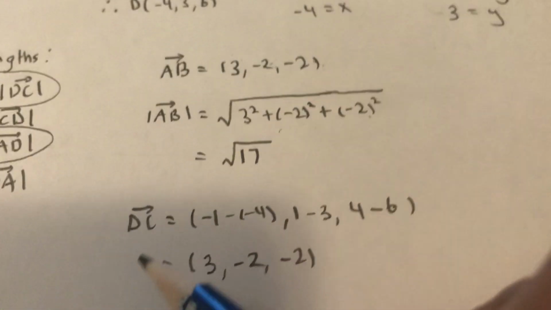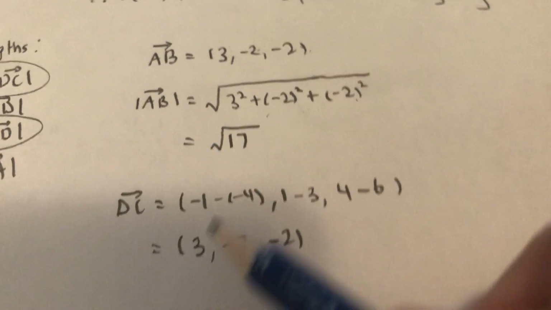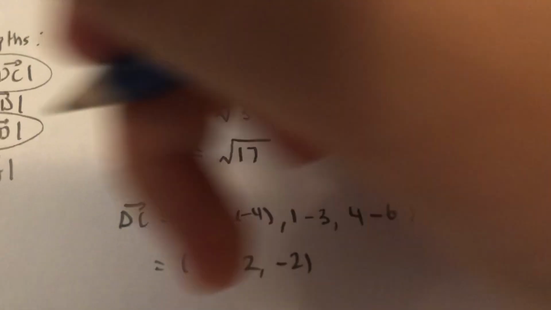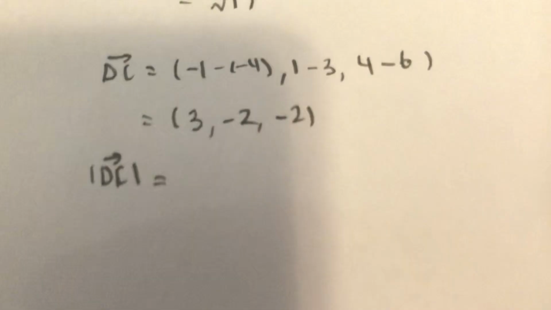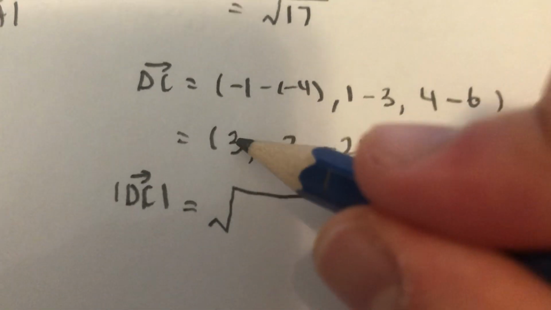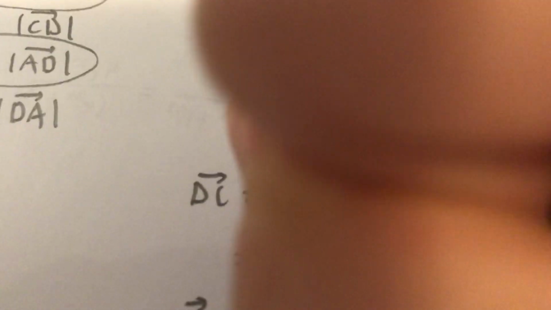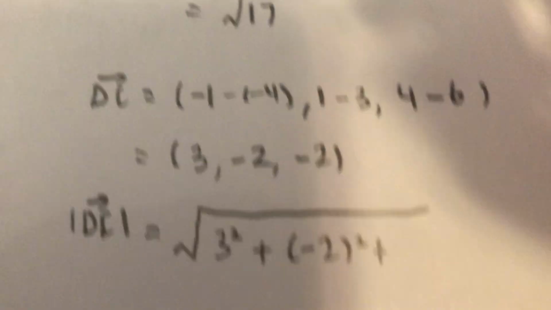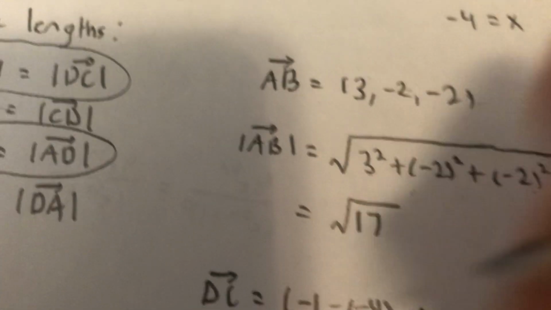So when we find the magnitude of DC, it should equal the magnitude of AB. But let's just do it just to confirm. So the magnitude of DC should equal the square root of the x term squared, so 3 squared, plus the y value squared, which is -2 squared, plus -2 squared again for the z value.